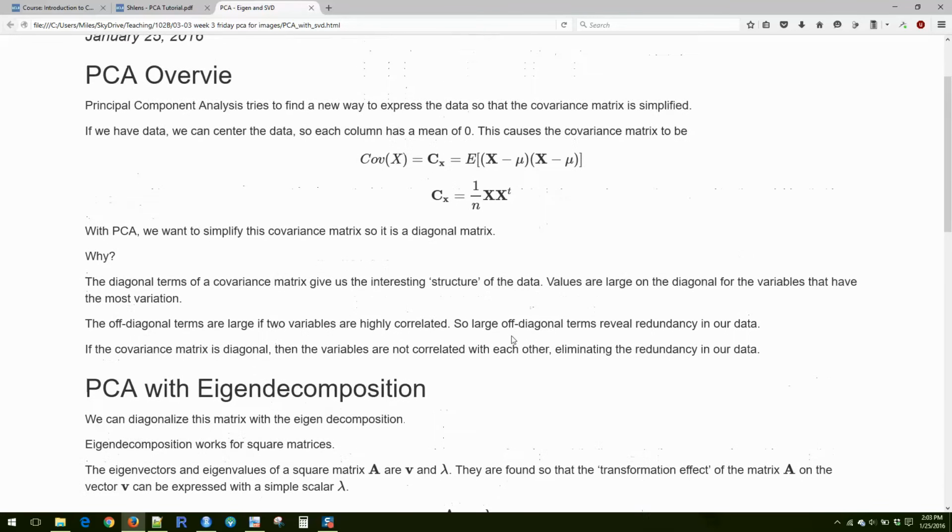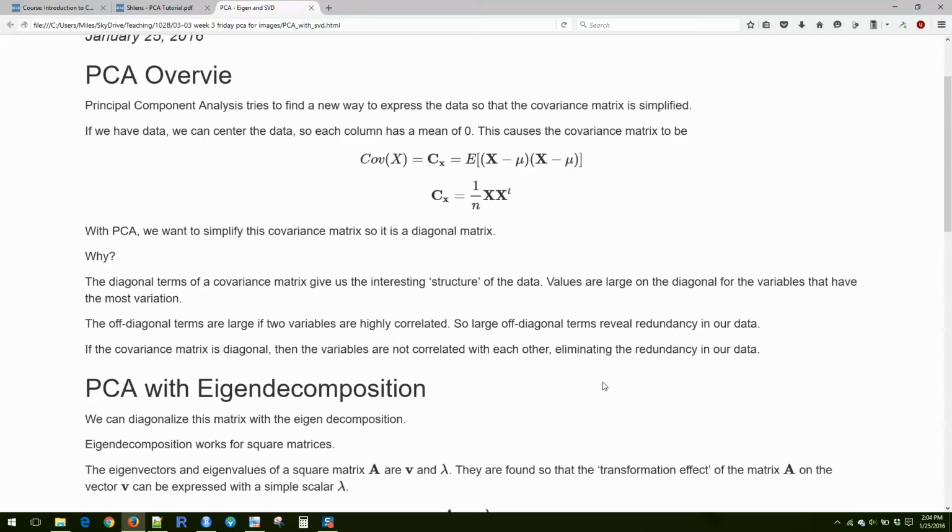And the goal of PCA analysis is essentially to get our covariance matrix to be a diagonal matrix. And the reason why we want to do this is because if you think of the diagonals, that's the variance terms of each column, and then the off diagonals are the covariance terms, okay? And so if your off diagonal elements are very large, that means you've got two variables that are highly correlated, or essentially, there's redundancy in the data, okay?